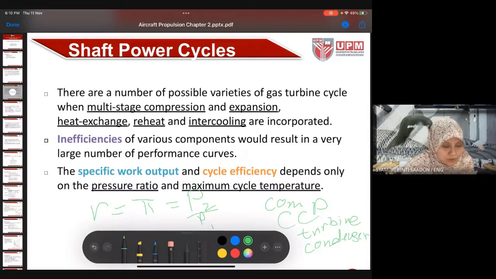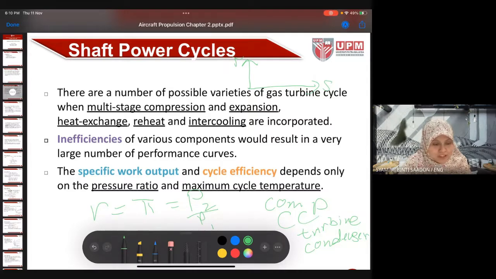Normally we describe the performance of a gas turbine cycle in a graph diagram. There are lots of thermodynamic cycle diagrams, but the one we usually use is the TS diagram.